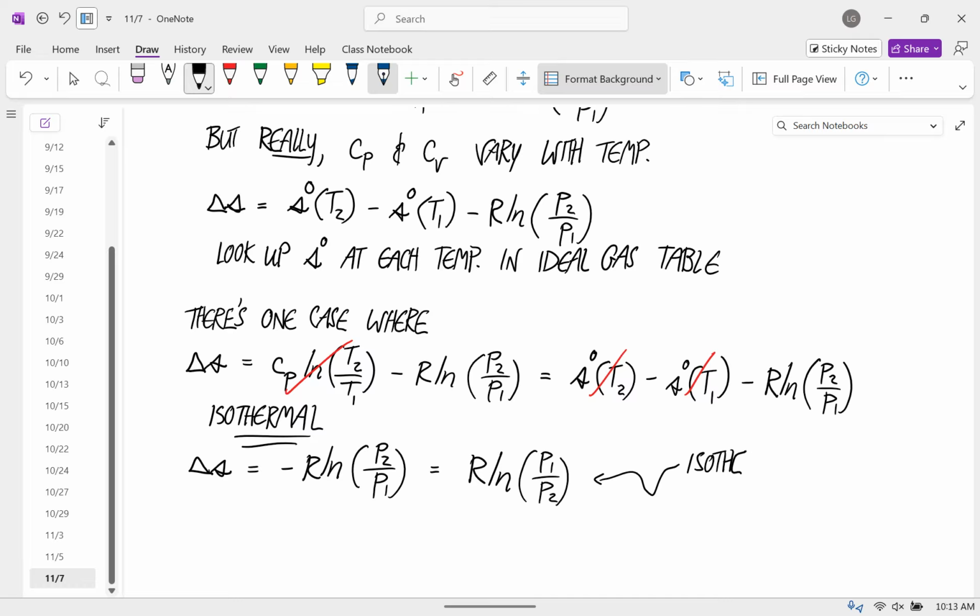So anytime you see a problem where you're trying to calculate a change in specific entropy for an ideal gas, and the problem says that the temperature stays constant or it's isothermal, then this gives you a perfectly accurate calculation without having to go to the ideal gas tables.